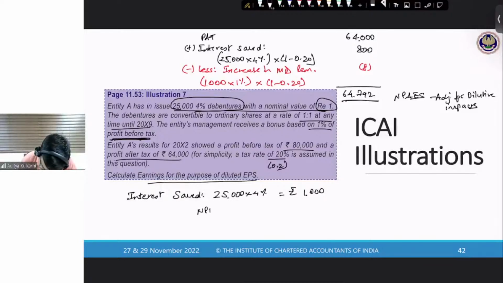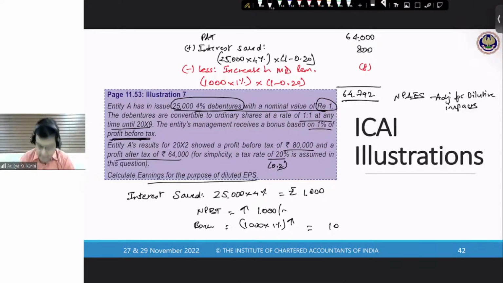That means net profit before tax increases by 1,000. That means bonus increases by 1%. Bonus is equal to 1,000 into 1%. This is the increase. So 1,000 into 1% comes to how much? It comes to 10. This is the bonus increase.